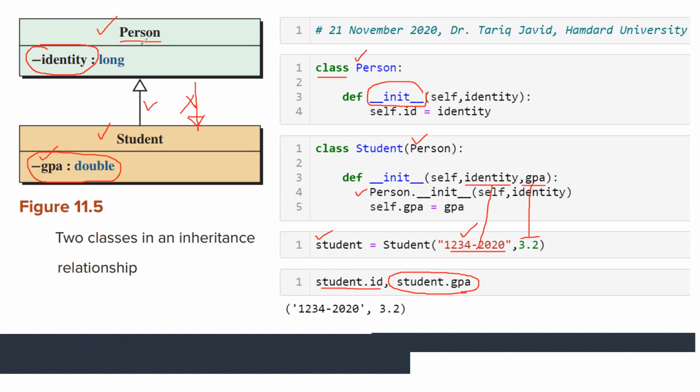So this is the only concept highlighted here, that two classes can be linked together. And how are they linked? For example, here we do not find any identification defined. ID is not defined here. ID is defined here, but we can access it with the student class as well.